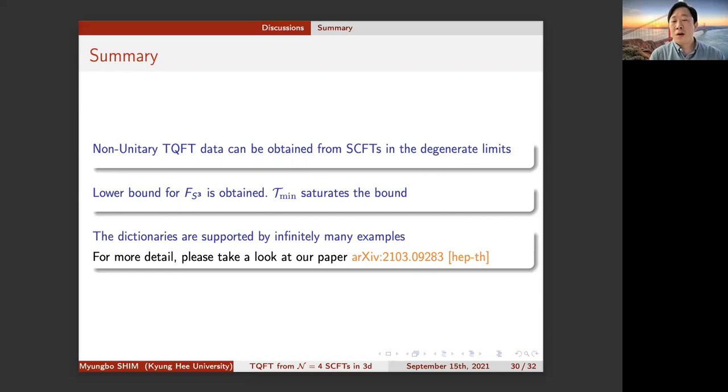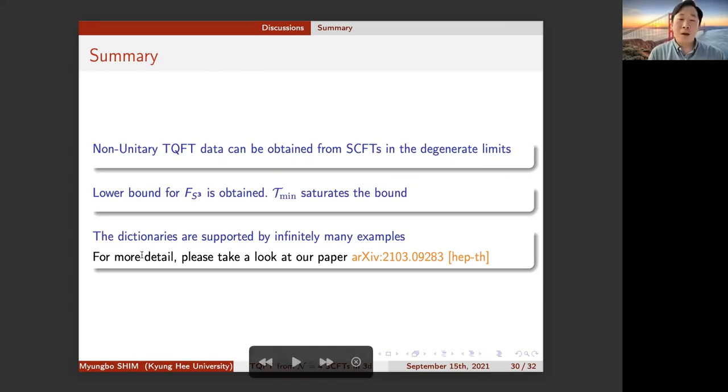And we also confirm the minimal theory saturates the lower bound for the degrees of freedom. So now we can hold this theory as the minimal theory without doubt.